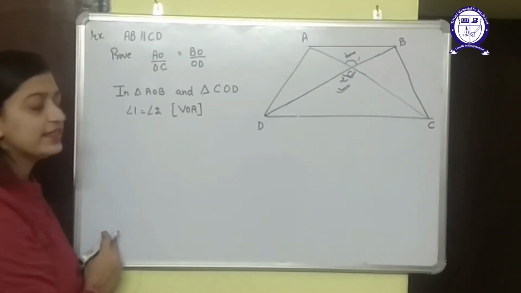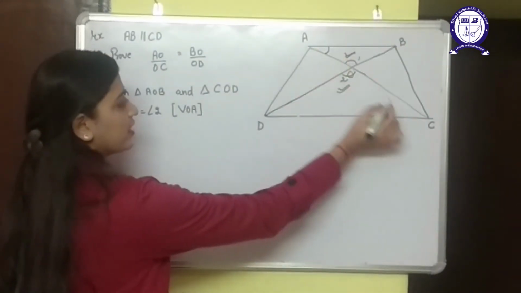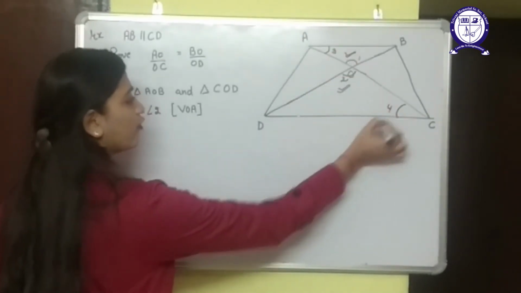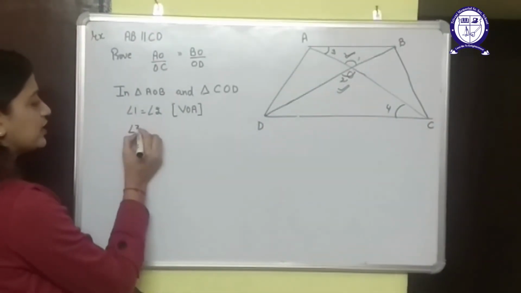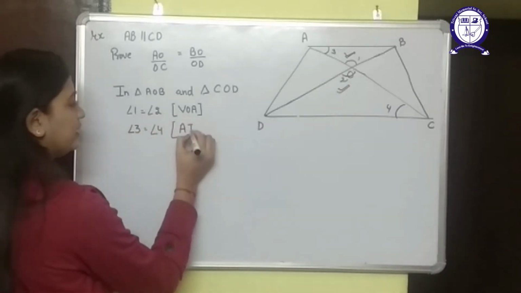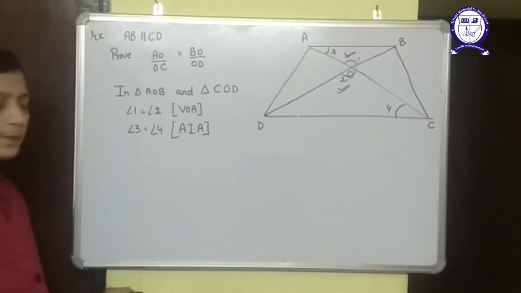Now the second thing will again be similar to the previous question. I can take this angle and this angle. Suppose this is 3 and this is 4. Angle 3 is equal to angle 4. Reason? Alternate interior angles, because the sides are parallel.